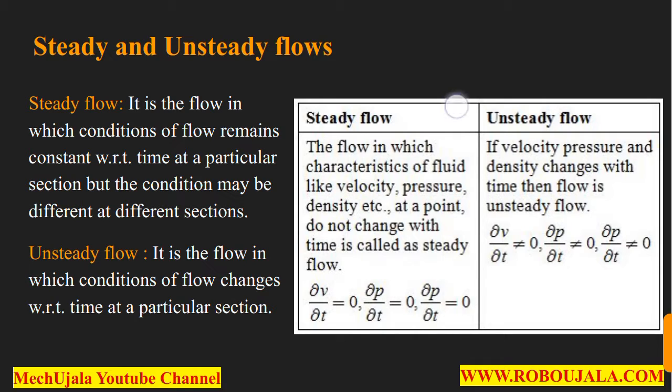In steady flow, characteristics of fluid like velocity, pressure and density at a point do not change with time. As you can see, with respect to time these changes are zero, meaning they are not changing. But in unsteady flow, with respect to time, velocities, pressures or other properties of fluids are changing. So it is called unsteady flow.